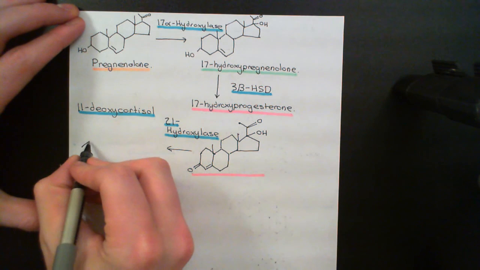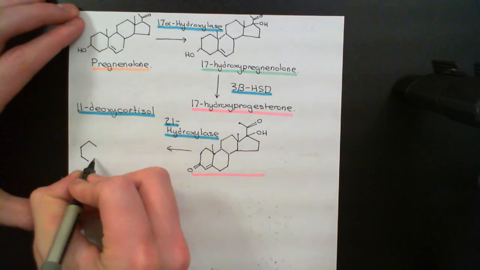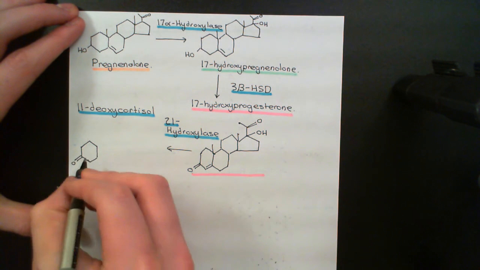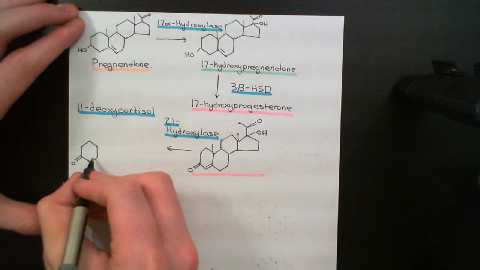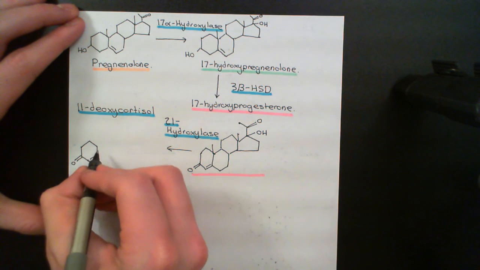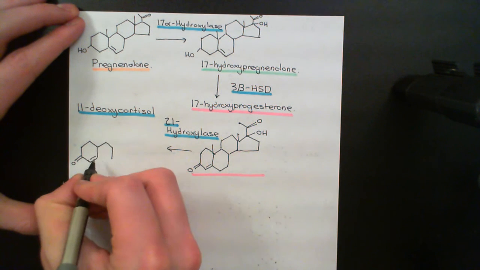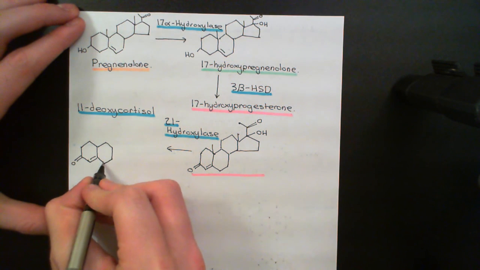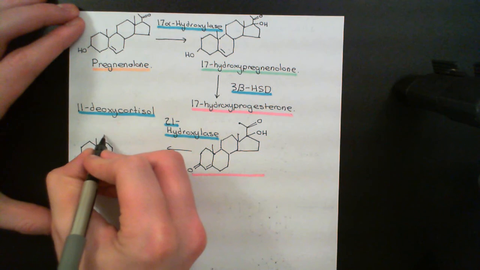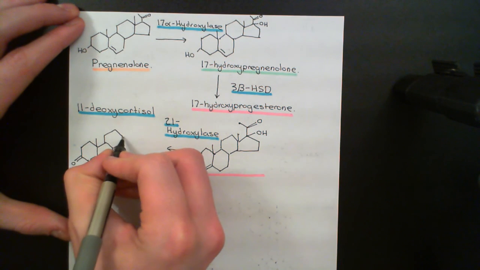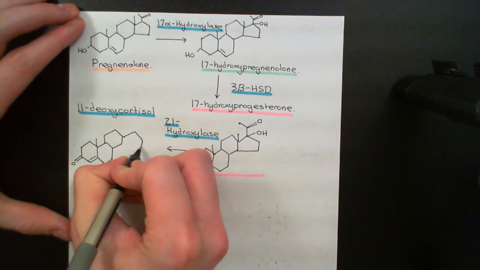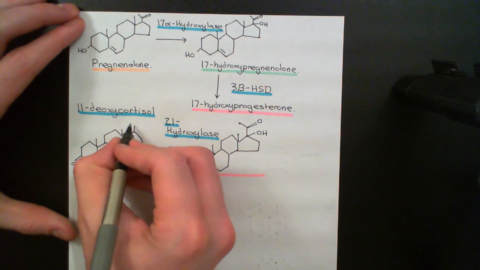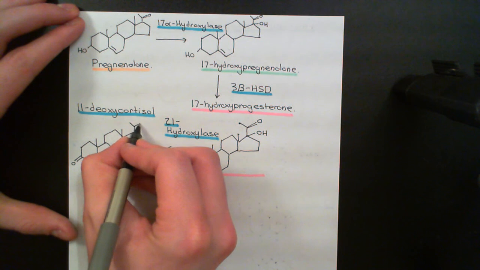So I'll draw this all out here. So, here is ring A, okay, I know you're probably getting fed up of me saying this now, but what else do you expect me to say? So here is ring A, here is the carbonyl group, here is the double bond between carbon 4 and carbon 5, which was produced by, remember, the 3-beta-hydroxysteroid dehydrogenase enzyme. Here is the B ring, here's the methyl group coming off carbon 10, here is the C ring, here is the D ring, methyl group coming off carbon 13 there, and then we have our side chain coming off carbon 17 here, and now remember it's got a little bit more interesting.